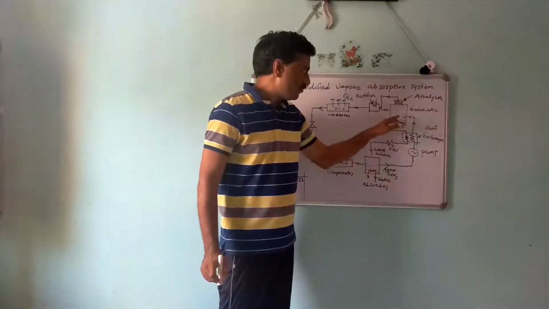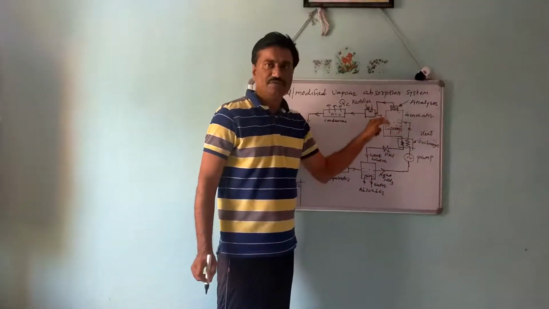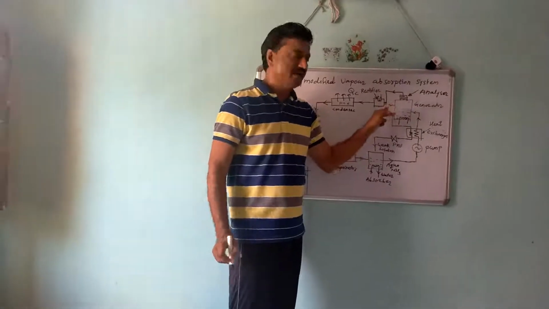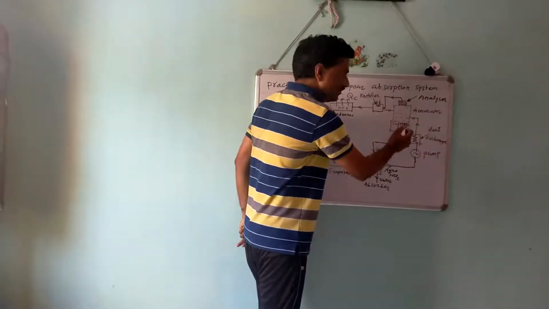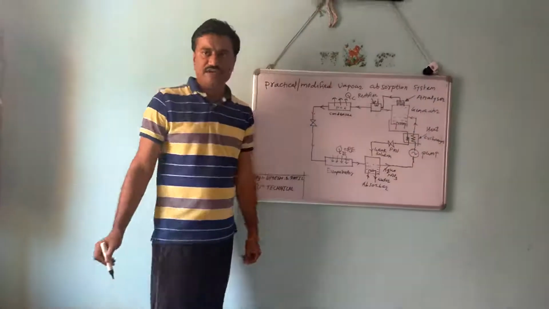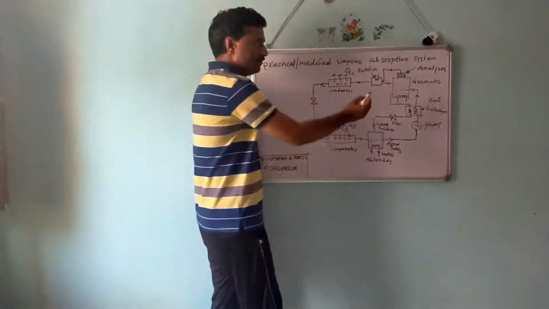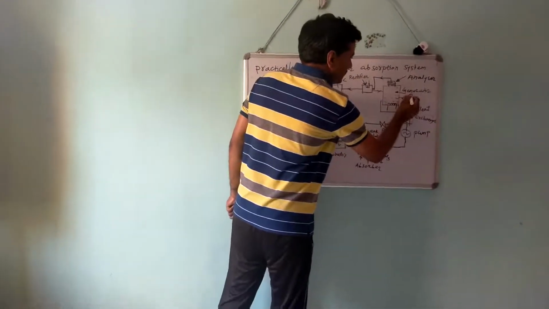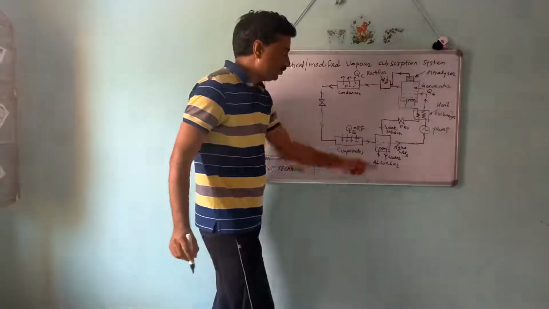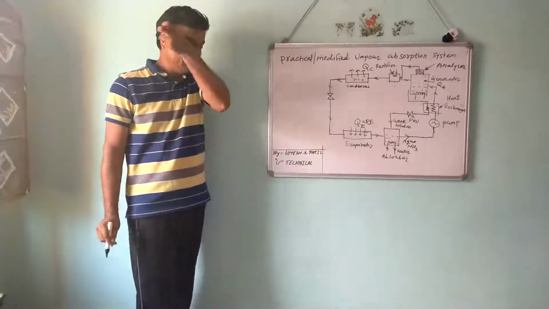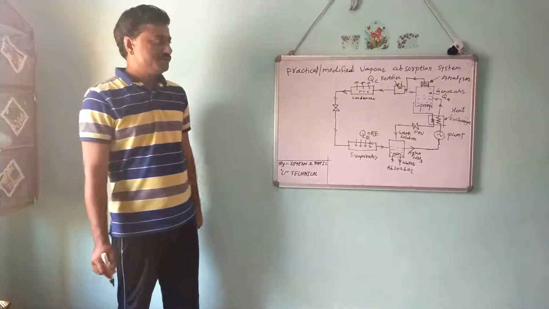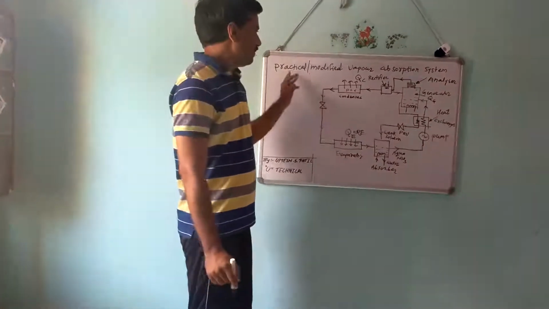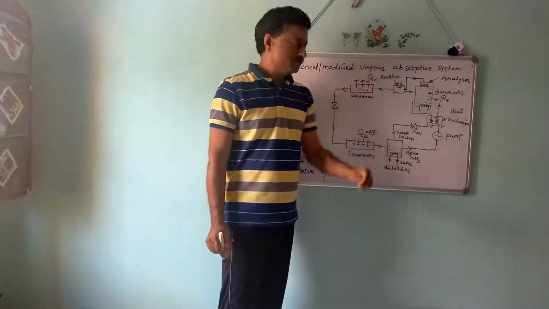So this aqua ammonia solution entering the generator will enter at a higher temperature, so less heat is required to boil the ammonia here in the generator. Thereby the amount of heat needed in the generator will reduce due to the use of this heat exchanger, and it will help to improve the coefficient of performance of the modified vapor absorption system.